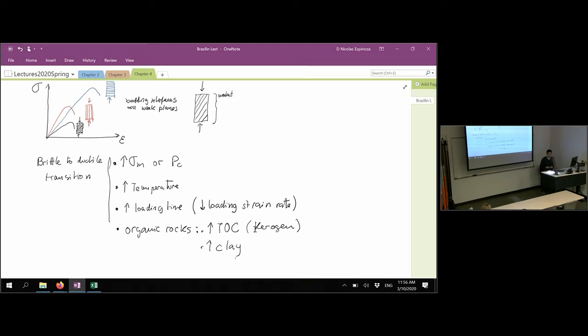It's a lot better to have a brittle rock, because that would favor the propagation of fractures and more fracture complexity that eventually ends up in more surface area of the reservoir rock.